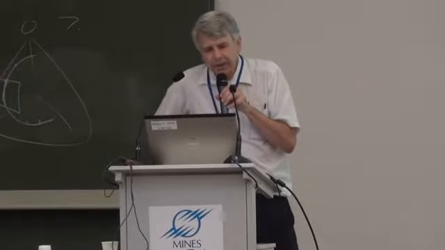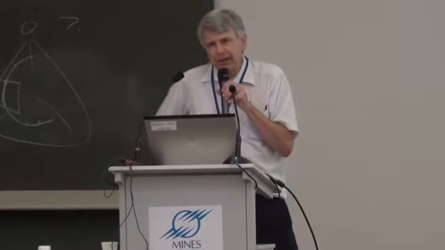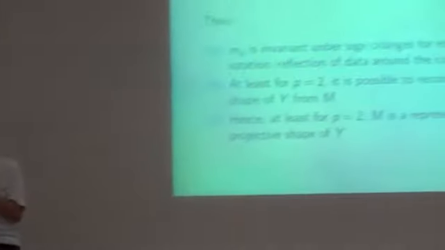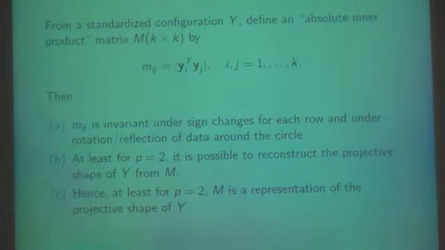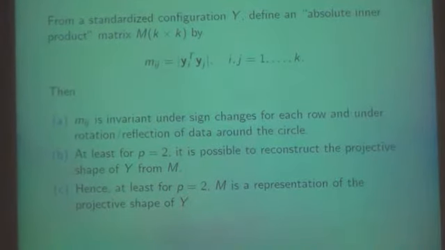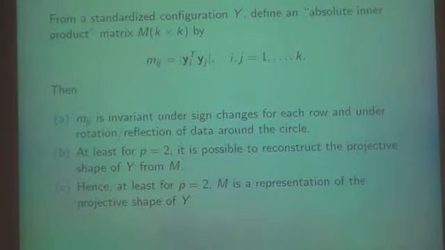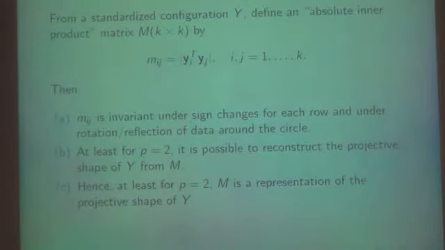In order to get rid of the effects of rotation, I'm going to take an inner product. So the inner product between 2 rows of Y is invariant under an orthogonal transformation of the rows of Y. And the indeterminacy in the sign of each row of Y, I can just take the absolute value of this inner product, and now these absolute inner products do not depend on those indeterminacies.